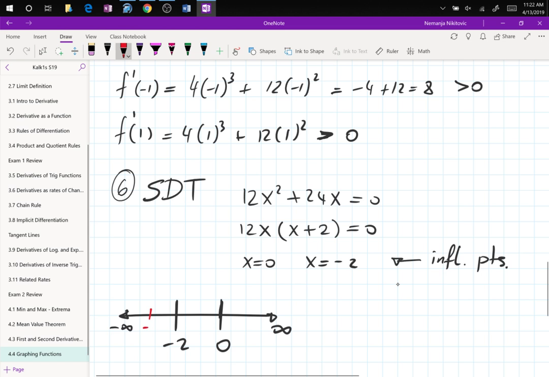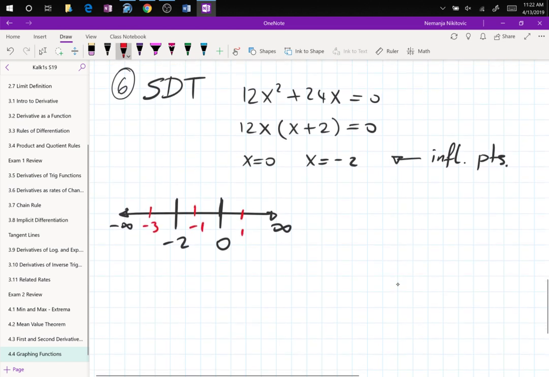Pick points, negative 3, negative 1, positive 1, and do the second derivative test.